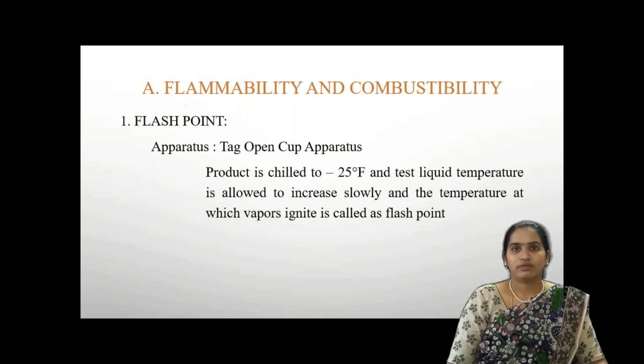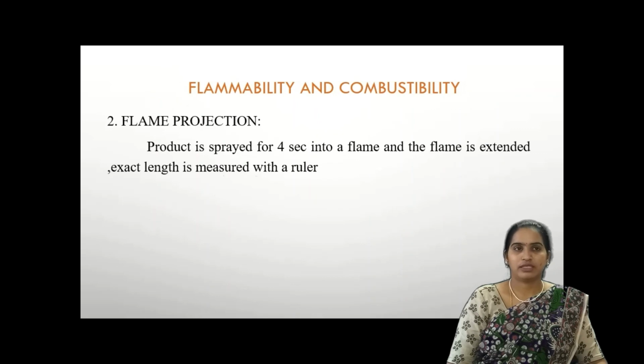Then the temperature of the test liquid is increased slowly, and the temperature at which the vapor starts to ignite is called the flash point. Next test, flame projection test. In this test, the product is sprayed for about 4 seconds onto an open flame and the extension of the flame is measured with a ruler and noted in centimeters.